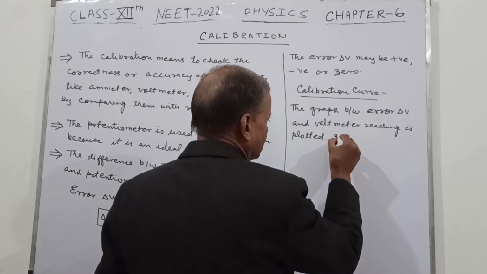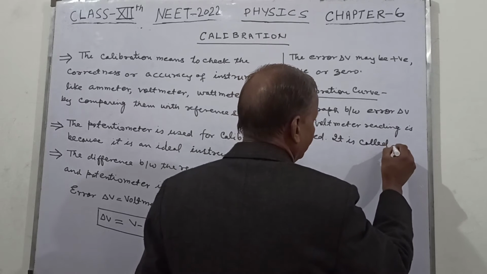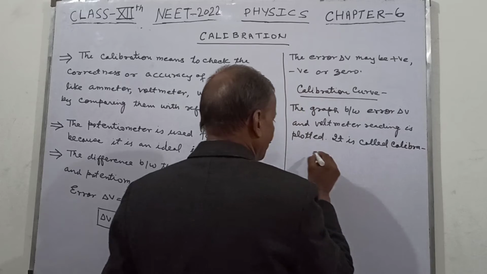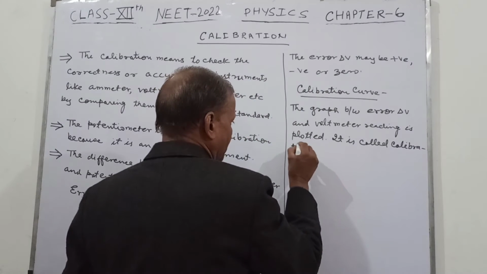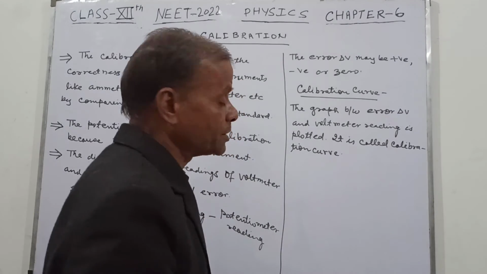It is called calibration curve. Now this curve is zigzag.